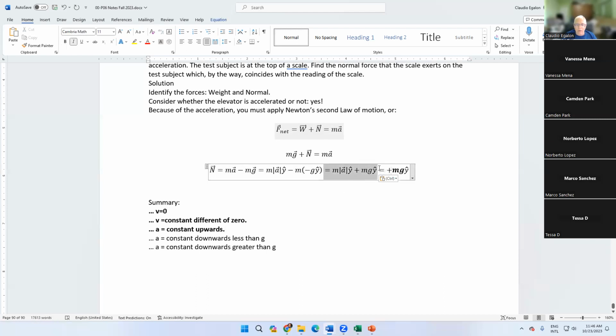The scale is going to record a weight that's higher than your own value.